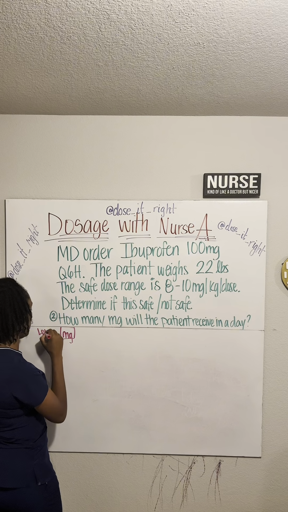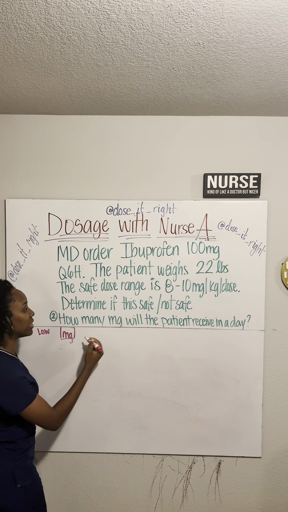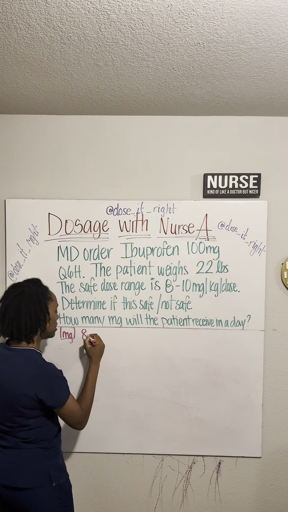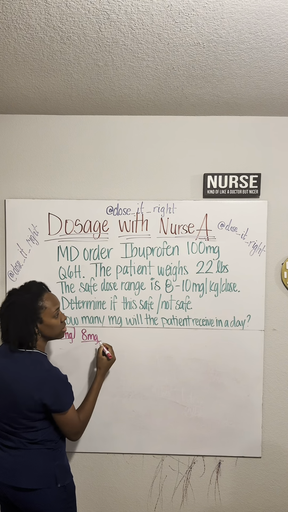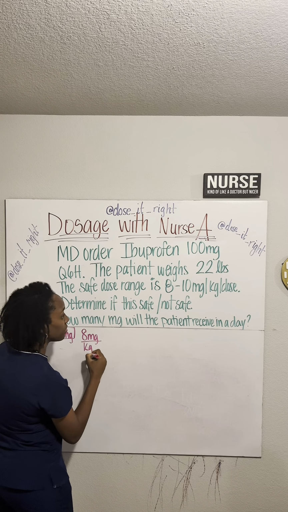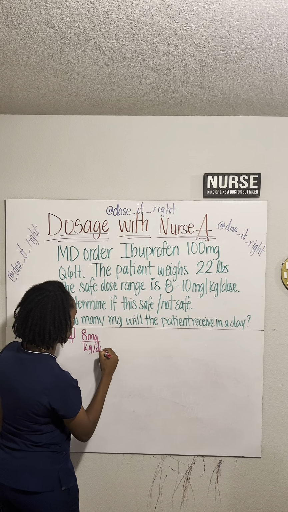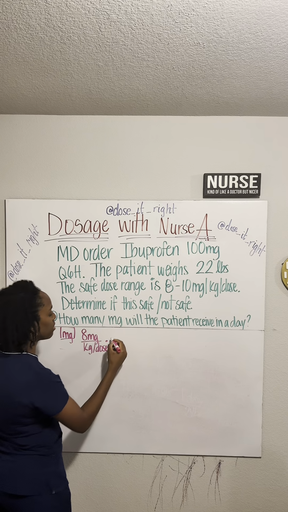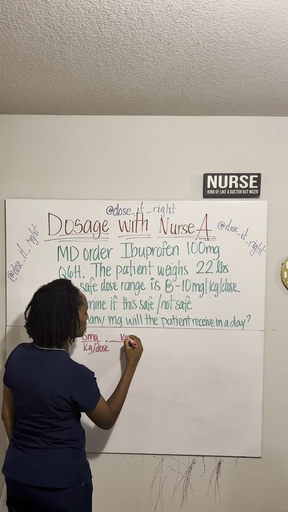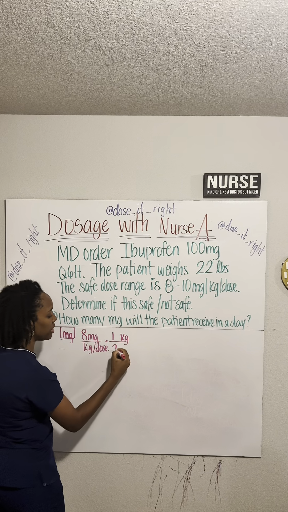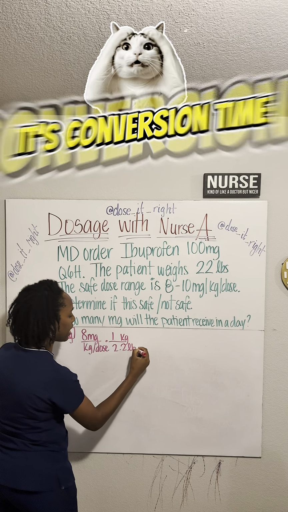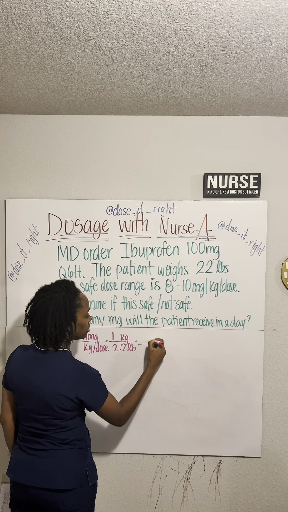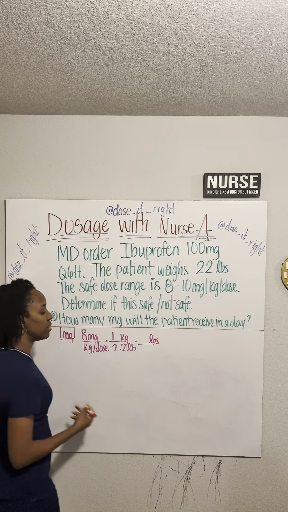So let's go ahead and look for our milligrams for our patient, just milligrams, all right? So let's do our lows. I'm gonna write low over here. Based in the safe dose range, this is our low number, the 8. So we have 8 milligrams per kilogram per dose, all right? Now we have kilograms on the bottom, so we need kilograms on top. 1 kilogram equals 2.2 pounds. Now we have pounds on the bottom, so we need pounds on top.